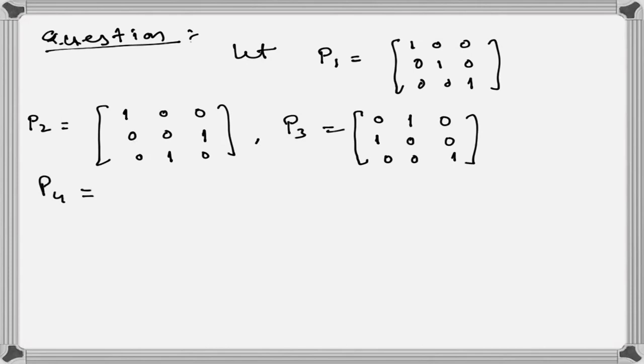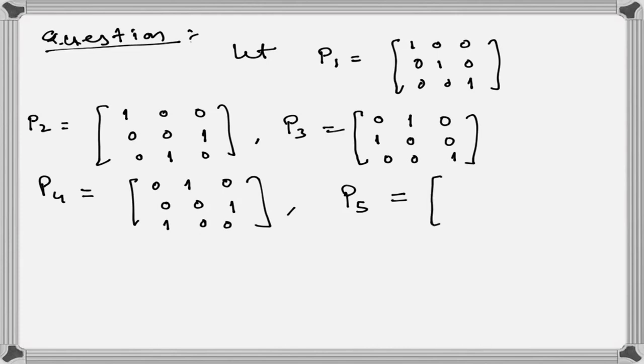P4 is 0 1 0, 0 0 1, 1 0 0. P5 is 0 0 1, 1 0 0, 0 1 0.